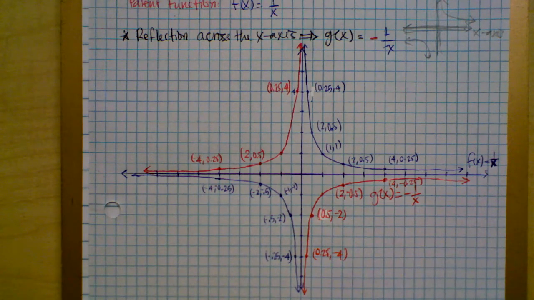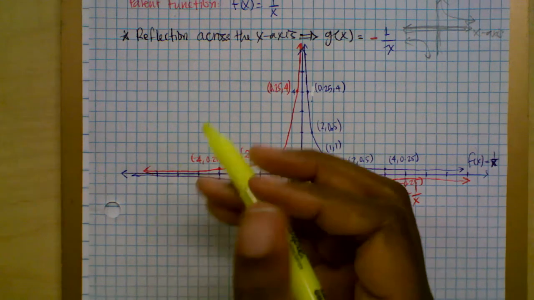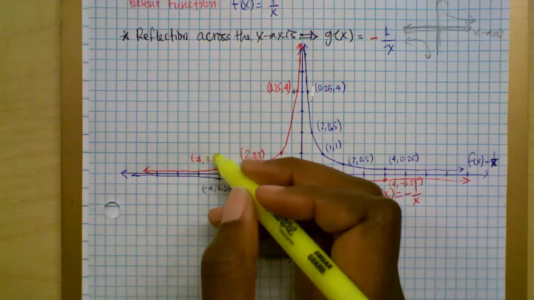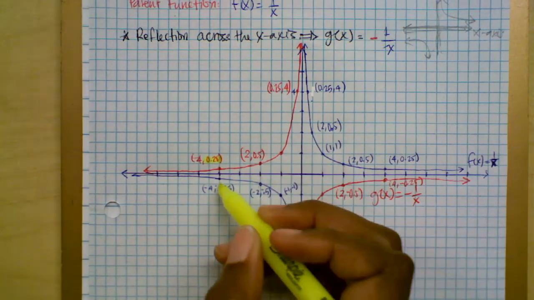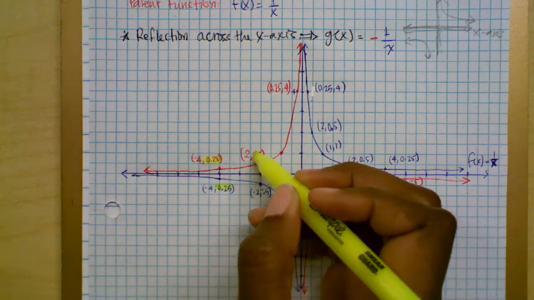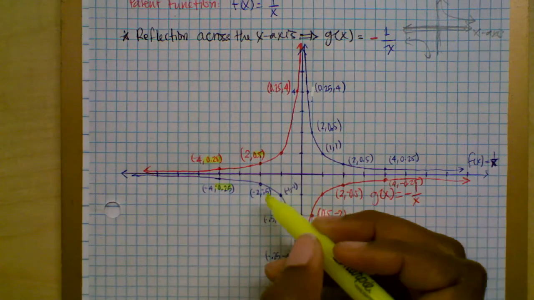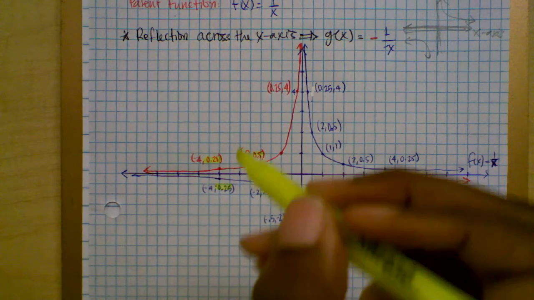Okay, so what we noticed here, I hope you were able to observe. I would like you to observe something very interesting about the y coordinate. So what do we notice? If you compare the y coordinate from the parent function to the function g of x, what do we notice?